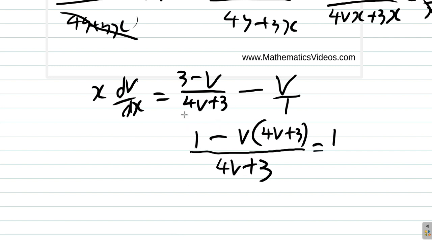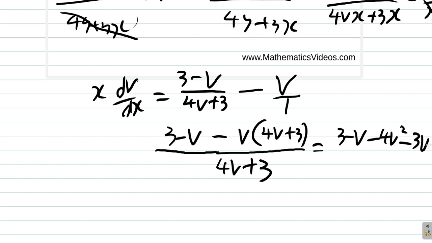It wouldn't be 1. 4v plus 3 into 4v plus 3 goes 1 time. 1 times 3 minus v is 3 minus v. My mistake, I wrote that one up there. It should be 3 minus v here. Minus, 1 into 4v plus 3 goes 4v plus 3 times v, which is v times 4v plus 3. Alright, so this is 3 minus v, minus v times 4v is going to be negative 4v squared. Negative v times 3 will be minus 3v, all over 4v plus 3.